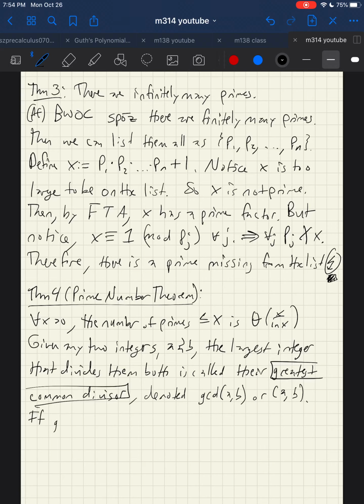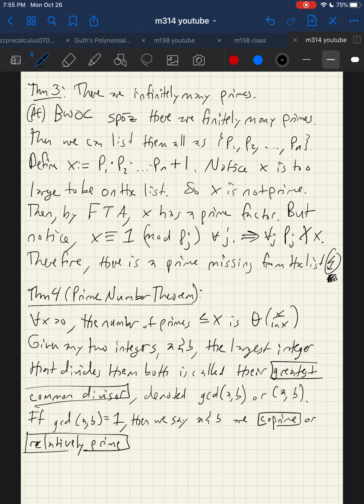If GCD of A and B is equal to 1, then we say A and B are coprime, or alternatively, but equally, relatively prime. So the terms coprime and relatively prime mean the same thing.